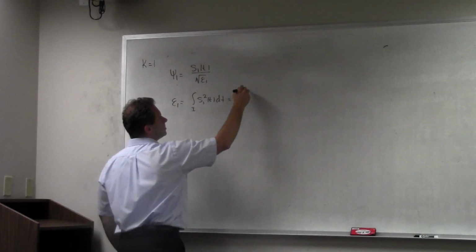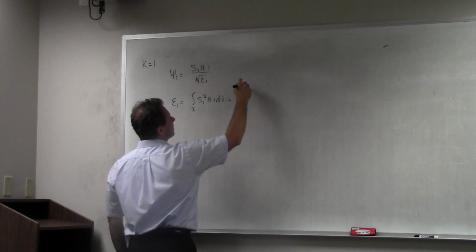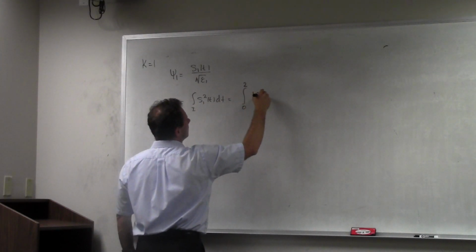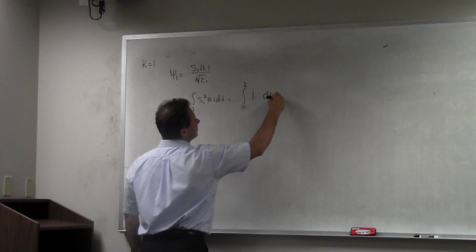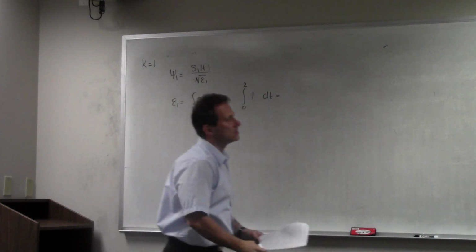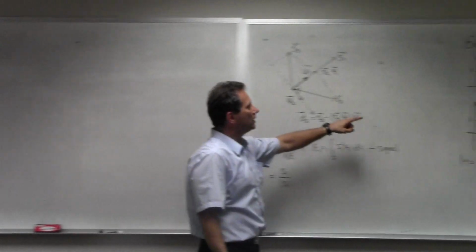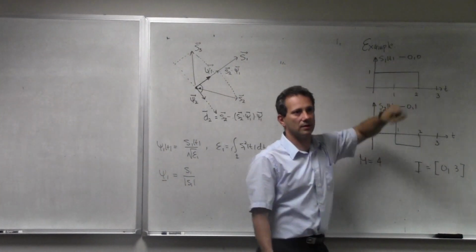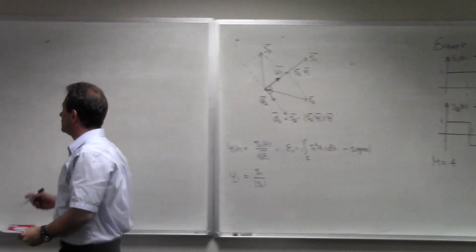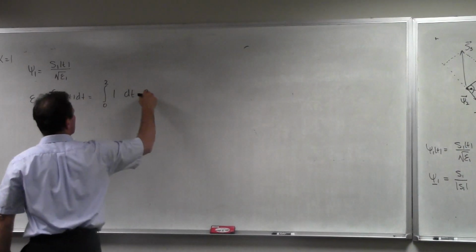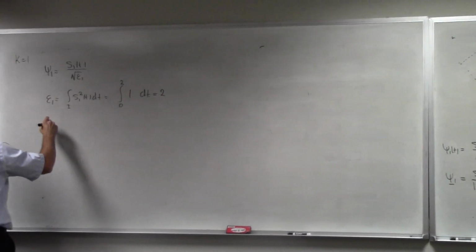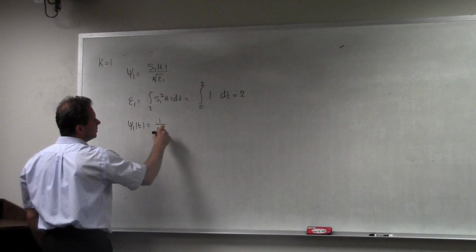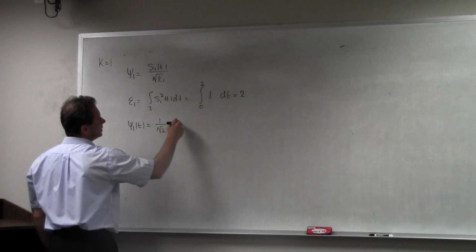In our case, this becomes an integral from 0 to 2 of 1 dt, right? Because when I square this, it only exists between 0 and 2, and the square of it is 1. So this is 2. So my psi 1 of t is 1 over square root of 2 times S1 of t.